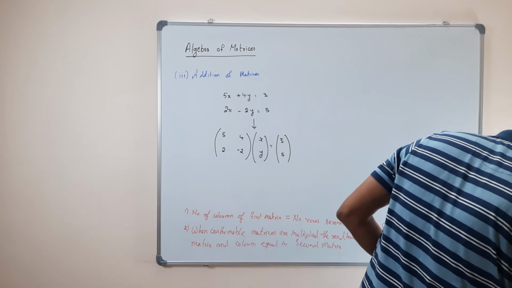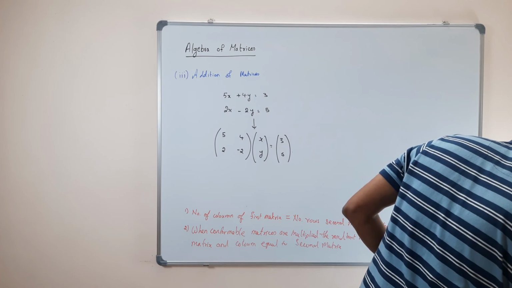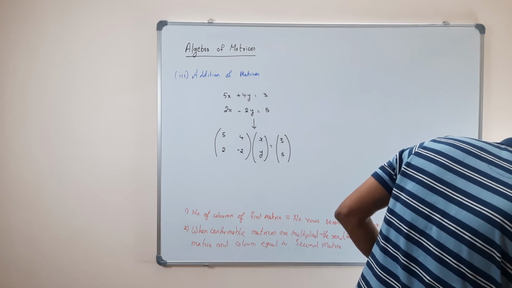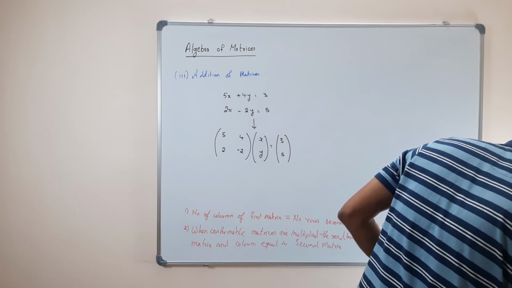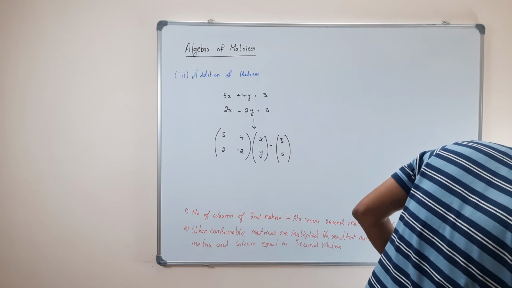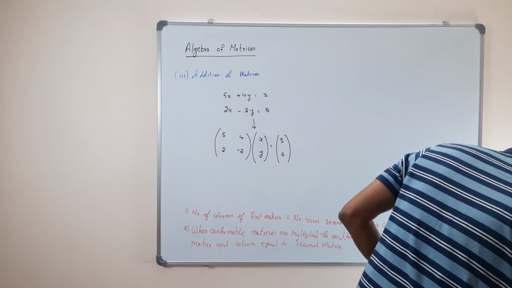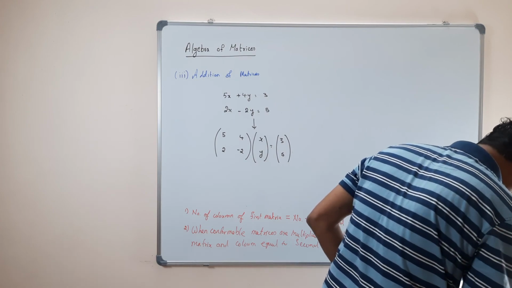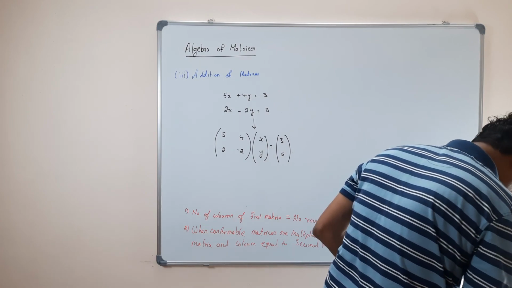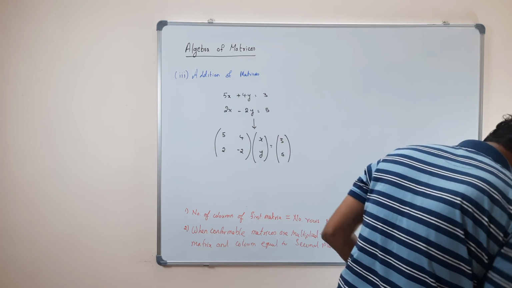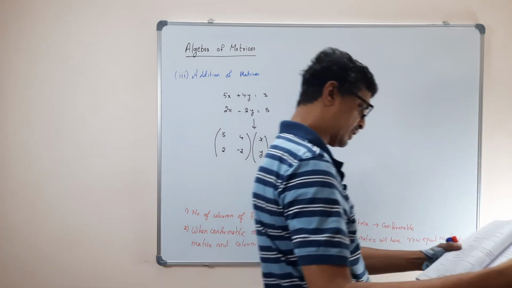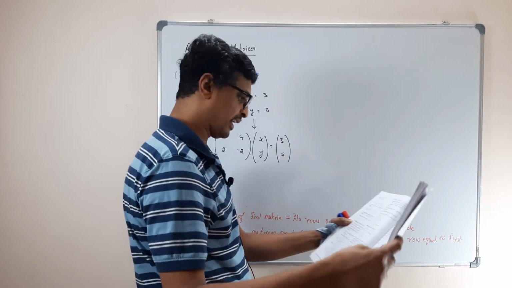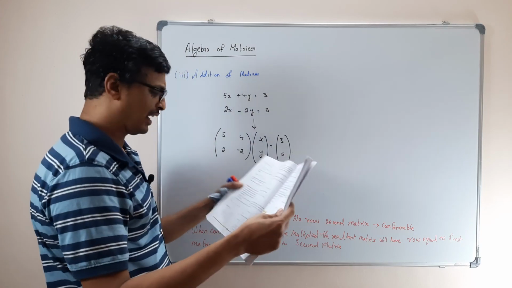Okay. Do they have any other thing in your book? Let me try to see. Have I missed anything more? Yeah, see there, that's it. Simple. They are giving examples. If A is a matrix, any matrix, and K is a scalar, K is some number. It can be any number.